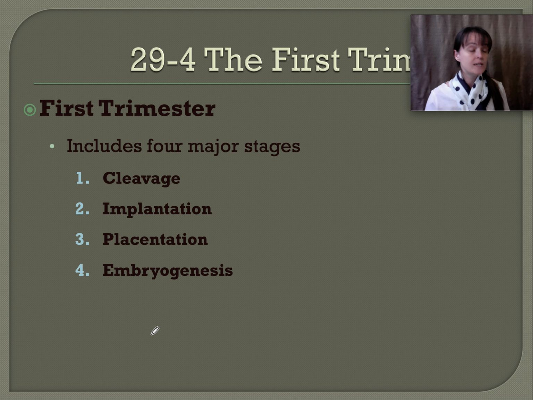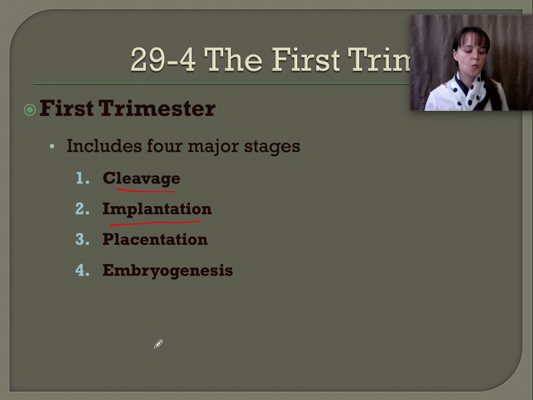Okay. So the major stages of the first trimester. The first thing is cleavage, and this is when the cells divide. The zygote, which is the single-celled organism, divides to become a pre-embryo, which is a clump of cells. Second is implantation.